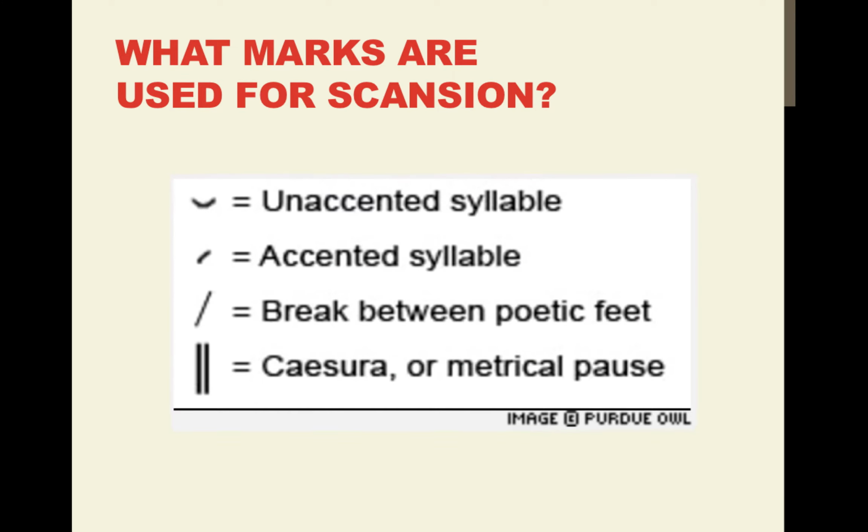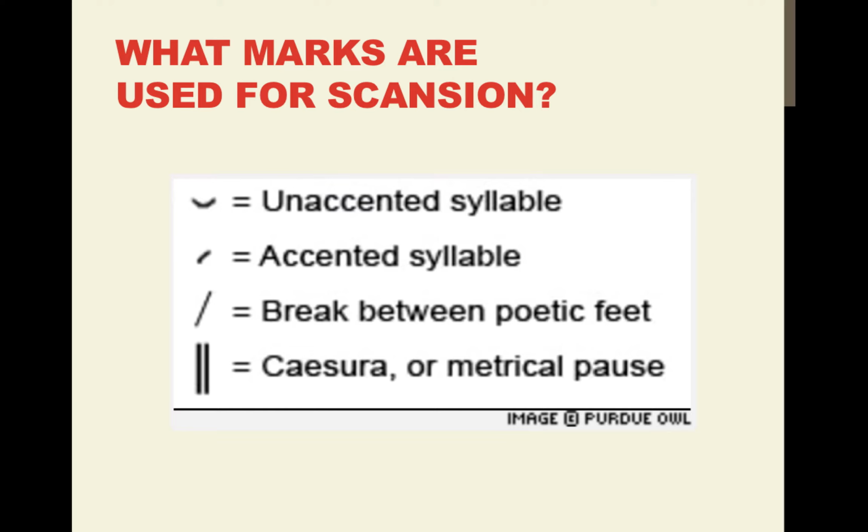These are the symbols that we use. So we use this little U-shaped symbol for an unaccented or unstressed syllable. And then we use this little forward slash for an accented syllable. The break between poetic feet, they want you to use a slight slash mark, although I find it hard to get in between the words or the syllables with it going at an angle, so I usually do it up and down.